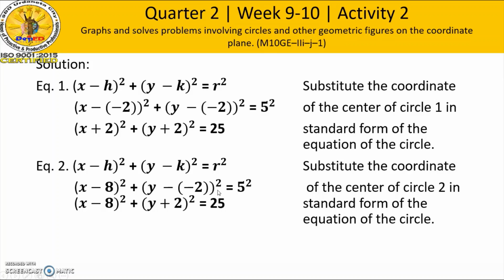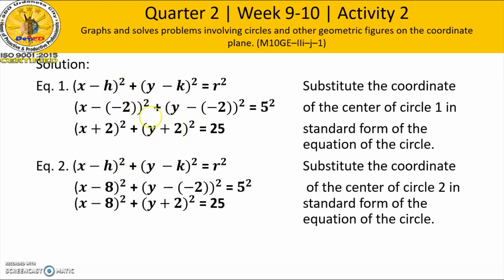So for the solution, we have to substitute the coordinates of the circle 1 in the standard form of the equation of a circle. The standard form is (x - h)² + (y - k)² = r².